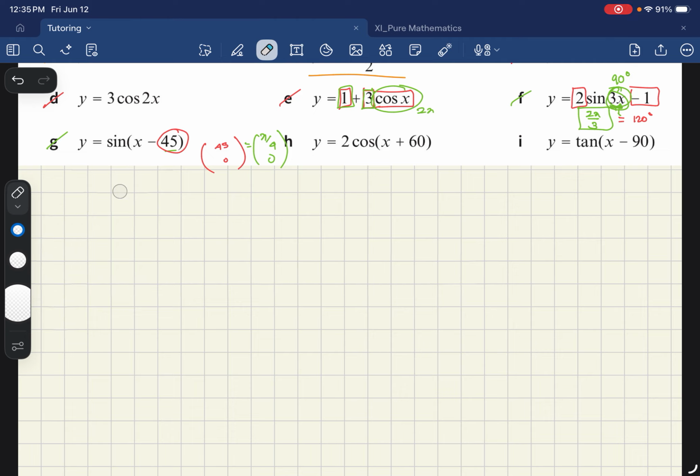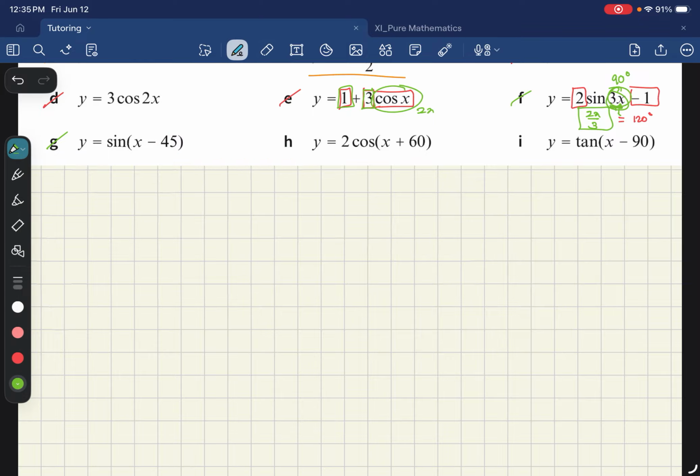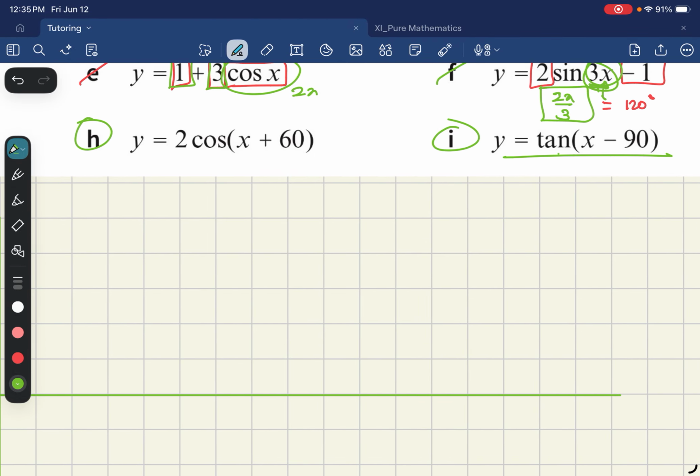I'm going to leave the last 2 questions for you so that you can do H and I. I is very straightforward. Yeah, so let's just do I. I'm going to leave H for you, because for I, you just want to shift your asymptotes and the shape stays the same, right? X minus 90 means you just shift all your asymptotes by pi by 2.